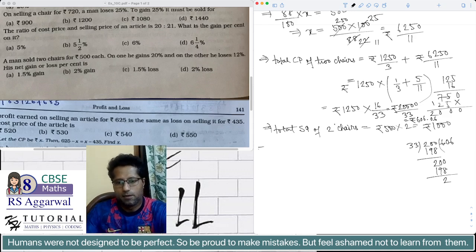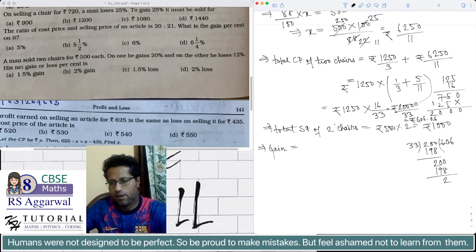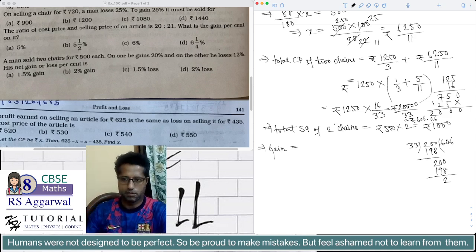So we can say the gain is equal to, I'm not sure why I'm getting such a weird value of the total cost price of two chairs, 606.06.